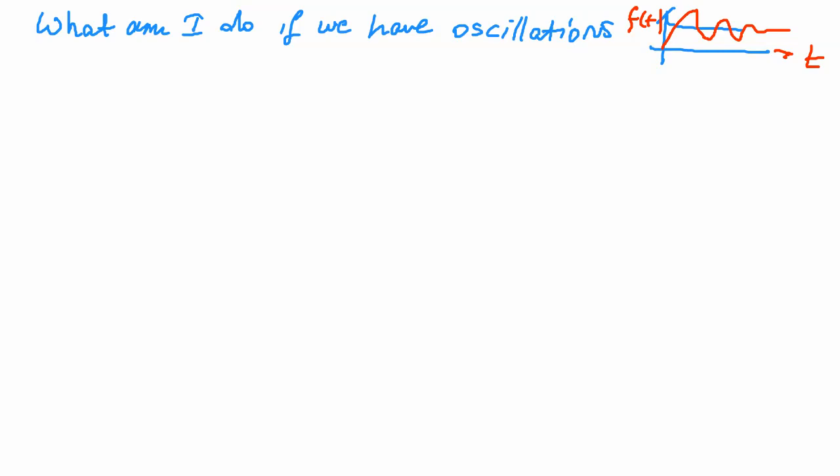Step response. If you have a step response, what am I going to do? Most likely, your system is something like this. Most likely, your root locus curve is something like this.